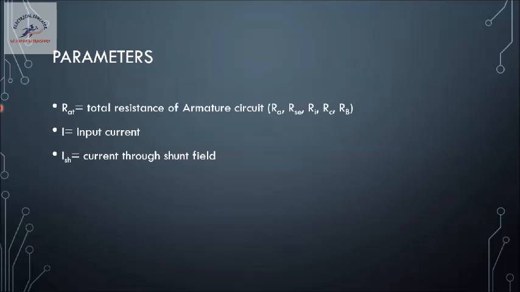We have seen this representation earlier also. Ia is the armature current. If there is a shunt field present, then the main current minus the shunt field current will be the value of the armature current. We have seen this expression while discussing the types of DC motors.